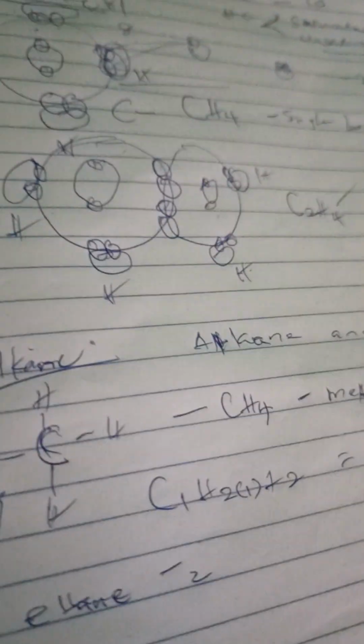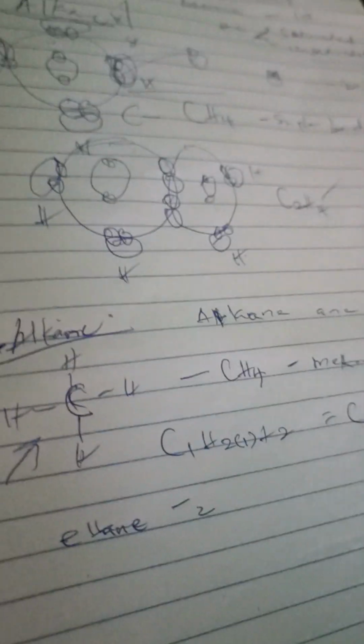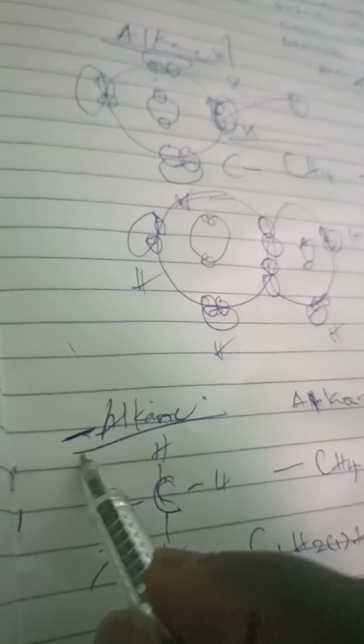Ethane is 2. What does it mean? It means it has to be 2 carbon. And I should know that it is saturated. Since it's saturated, that means a single bond. So there must not be anywhere where we have a triple bond or a double bond existing.